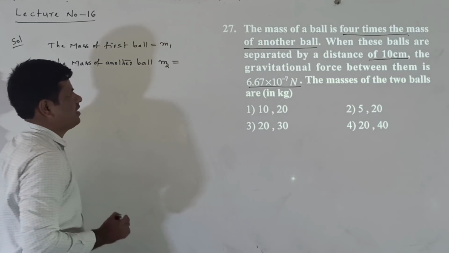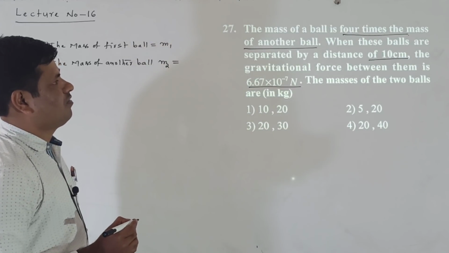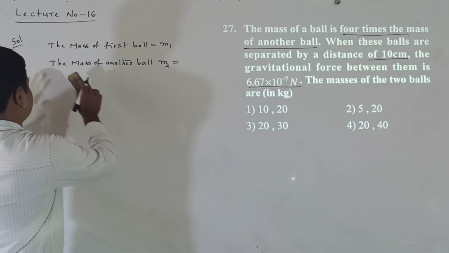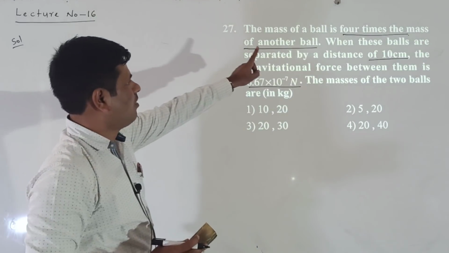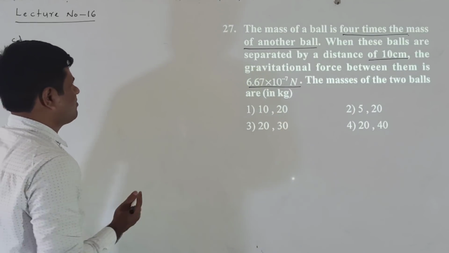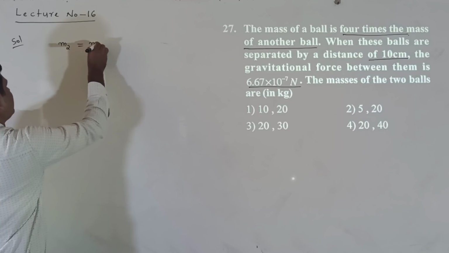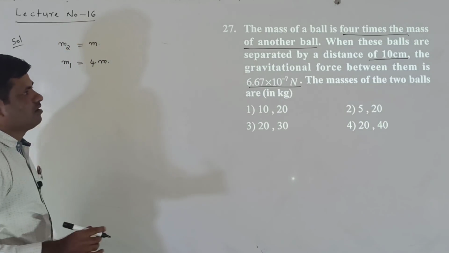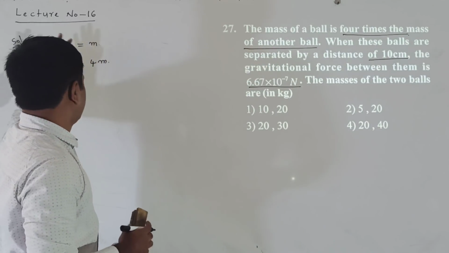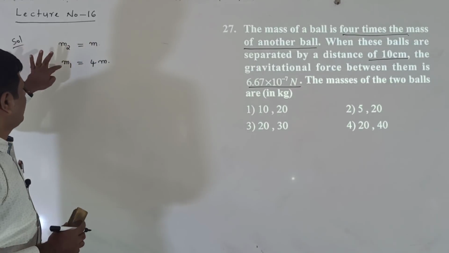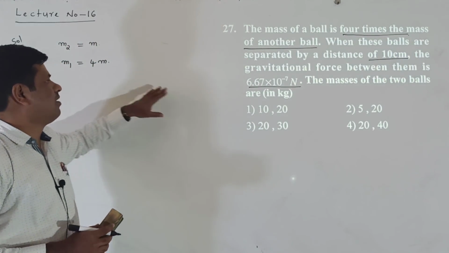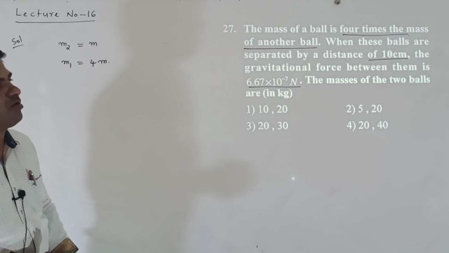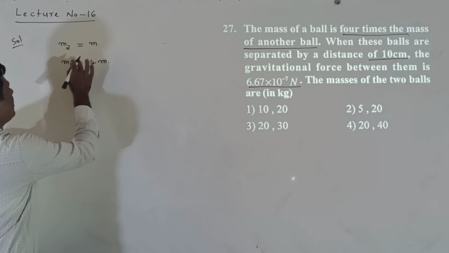The mass of a ball is 4 times the mass of another ball, so second ball mass m2 is equal to m, and first ball mass m1 is equal to 4 times that, 4m. Here m2 is equal to m, m1 is equal to 4m.